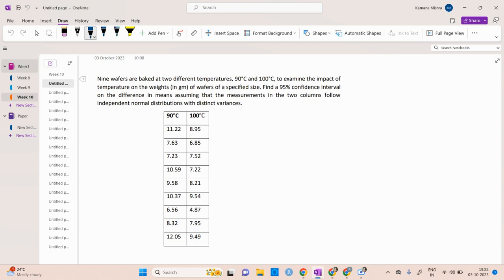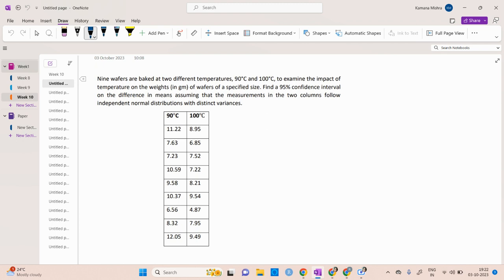So your variance may be known and equal to the population variance, or your variance may be unknown. On the basis of that, you need to see which test you are using.